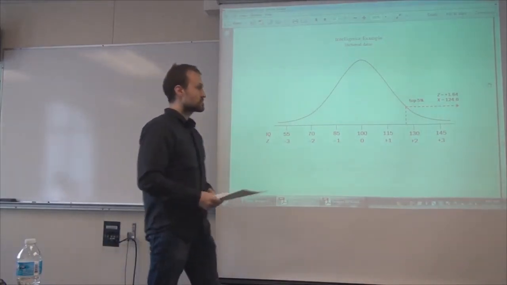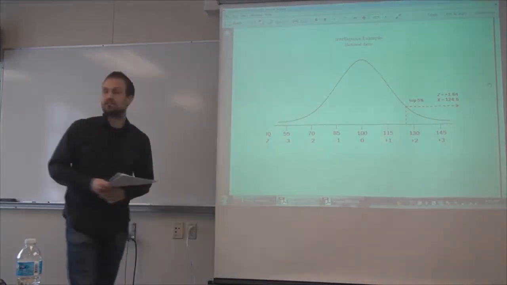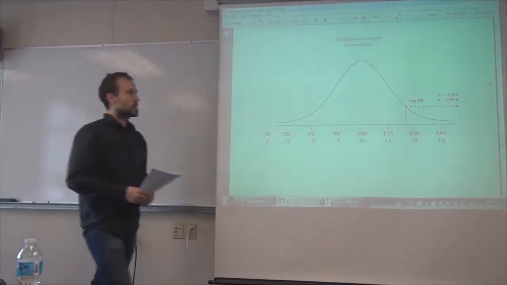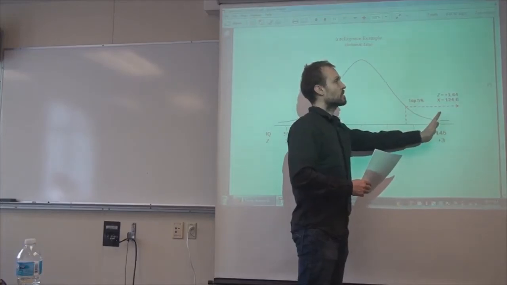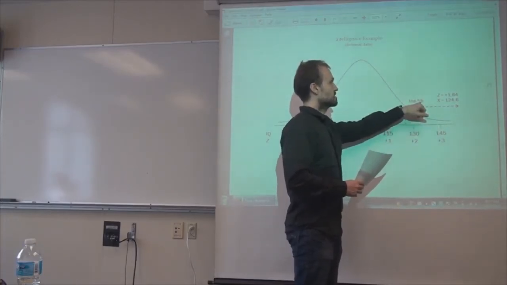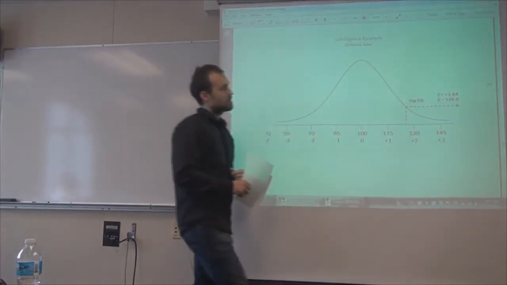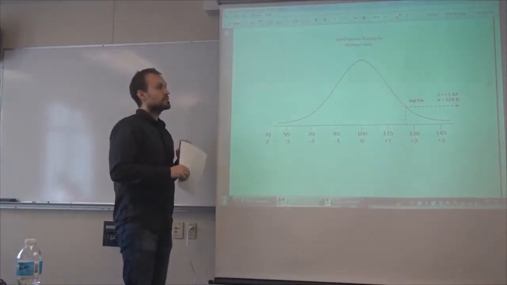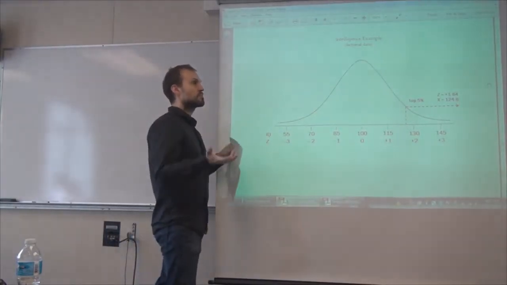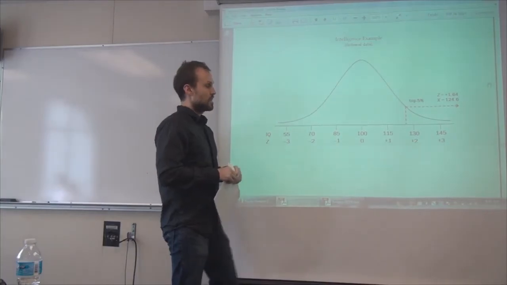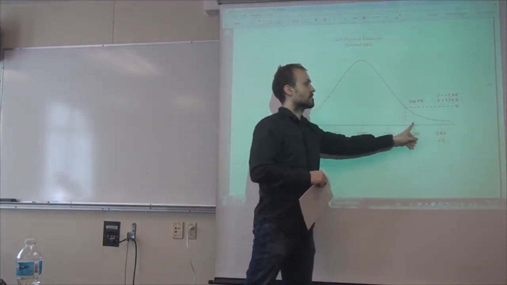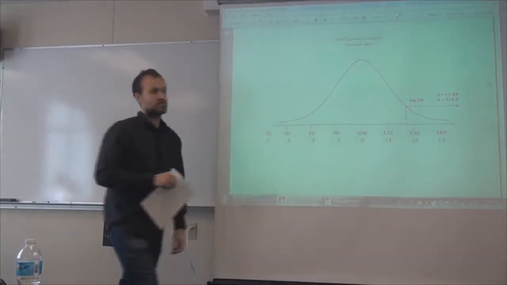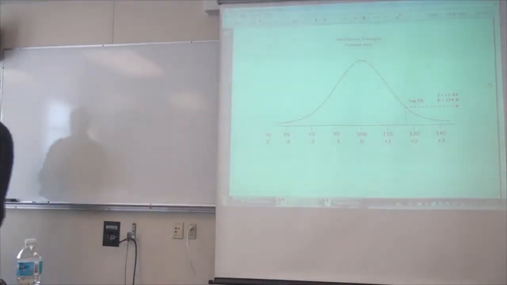Obviously, if I choose a smaller percentage than 5, for example 1%, then my cutoff is going to be further out. The 5% in this diagram indicates the probability that if I choose a random person from the whole population, their intelligence will fall in this area on the right here. That is 5%.